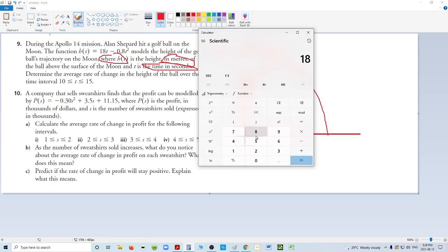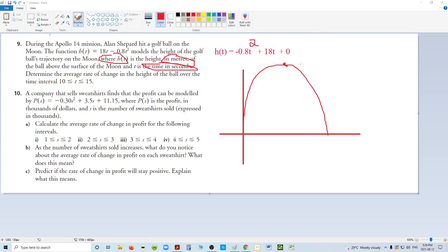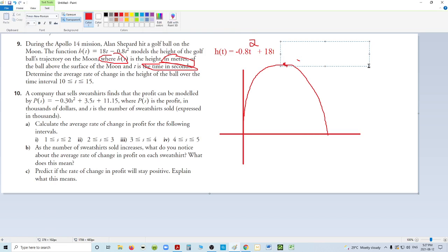We could also factor, and you would be able to do that. 18 divided by 0.8. Yeah. And that would be possible as well, but we're not. And actually, you know what? I can get a good idea by ignoring this 0, because I can indeed factor out t from both.